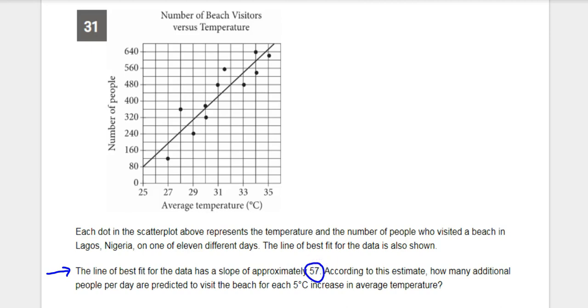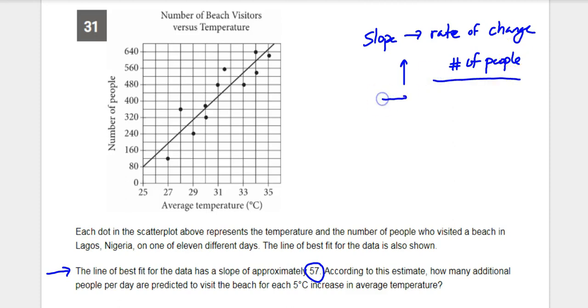So first of all, remember what slope is. In word problems, slope is the rate of change. So it's how much something is changing by. In this line, remember slope is kind of like rise over run. So the rate of change on this one, my rise is the number of people, and my run is my temperature.